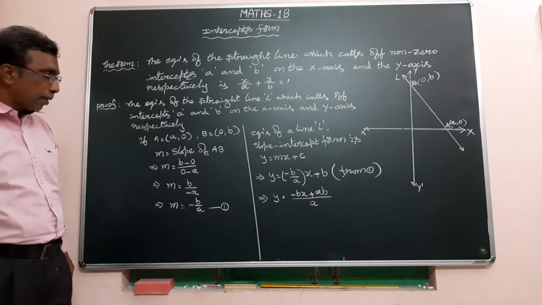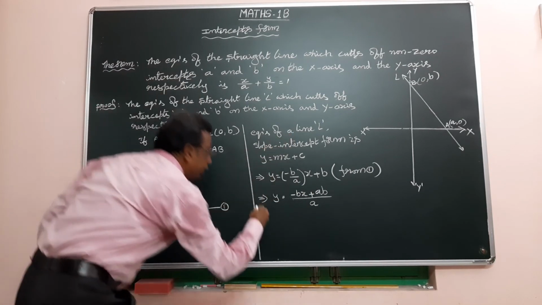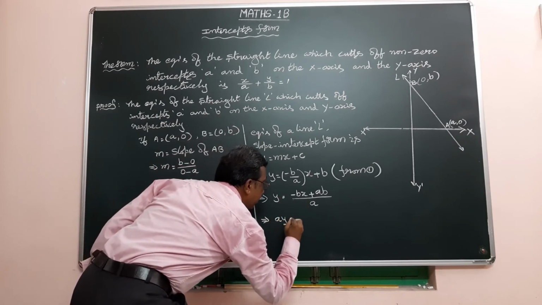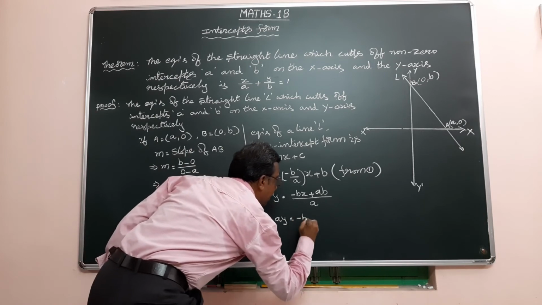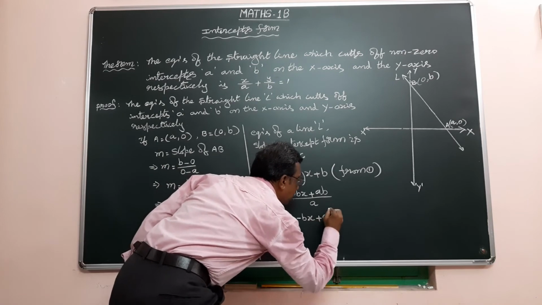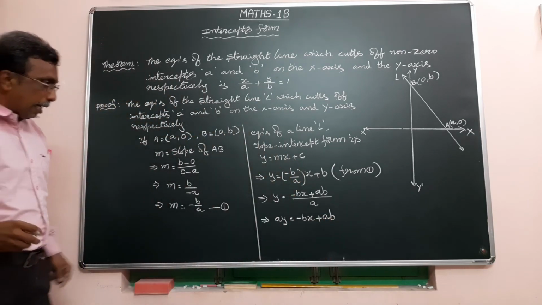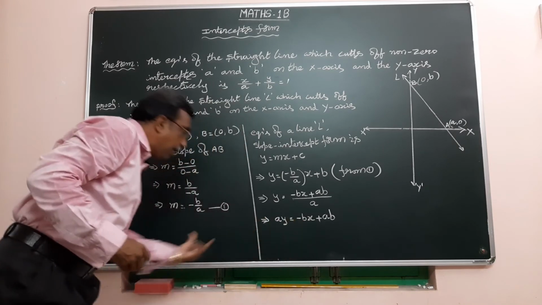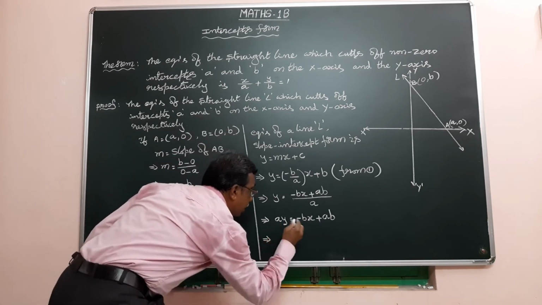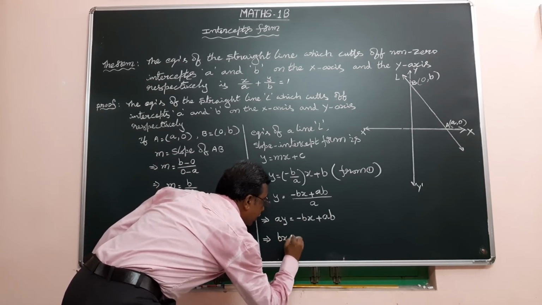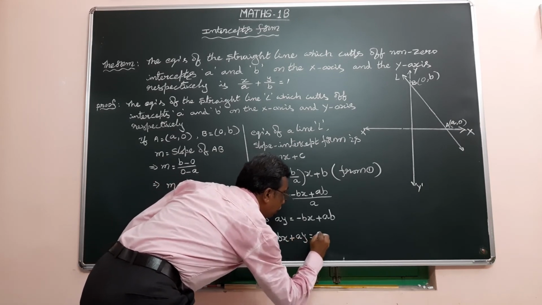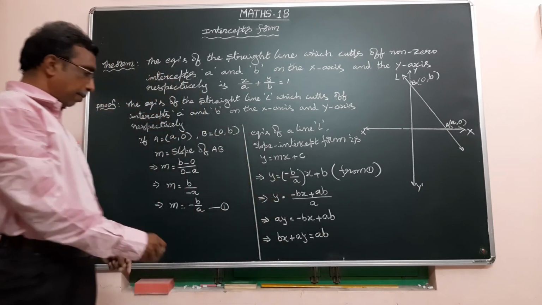By cross multiplication, that implies a into y, ay equal to minus bx plus ab. Now we take this term from RHS to LHS. Minus bx becomes plus bx. So bx plus ay equal to ab.